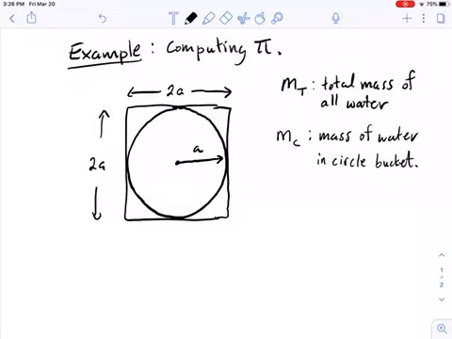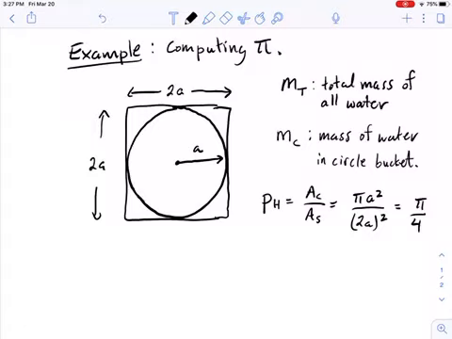And so the probability of landing in the circular bucket, which I'm going to call pH, a hit, is going to be the area of the circular bucket divided by the area of the square bucket, which is going to be pi a squared over 2a squared, which is going to be pi over 4.